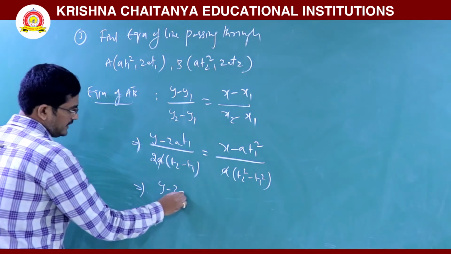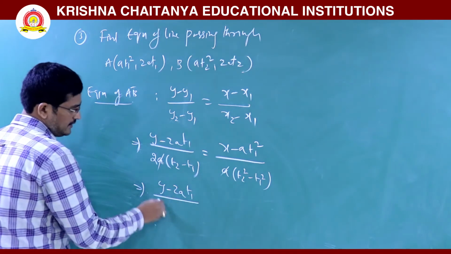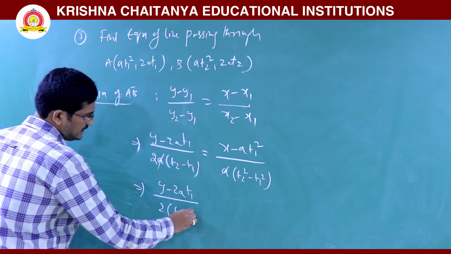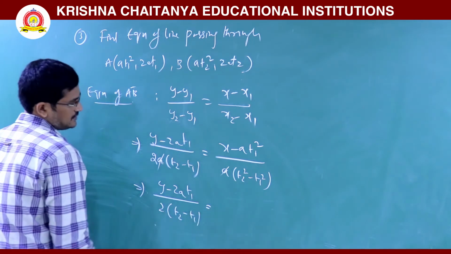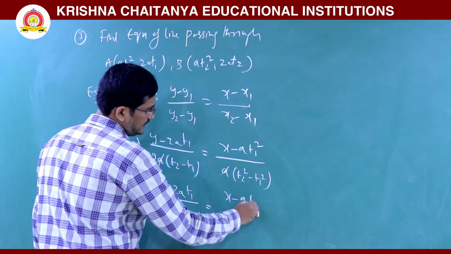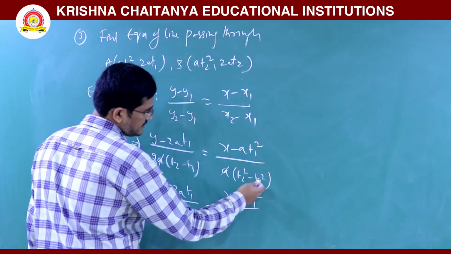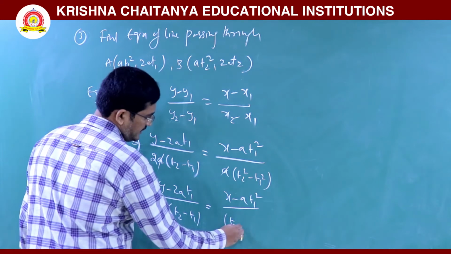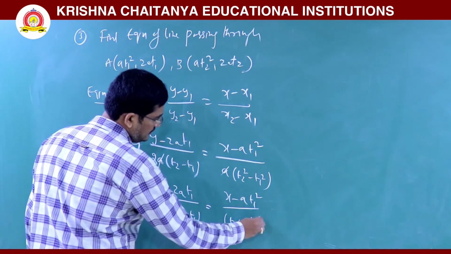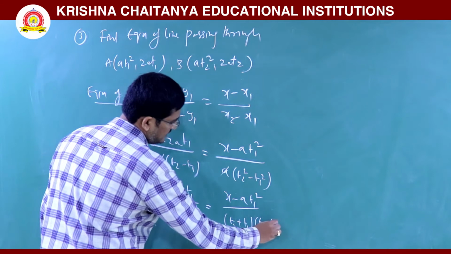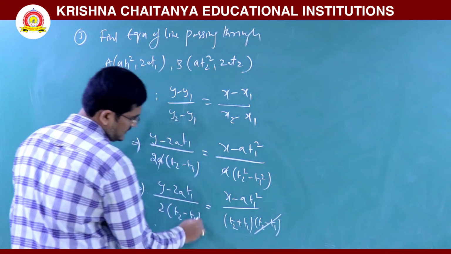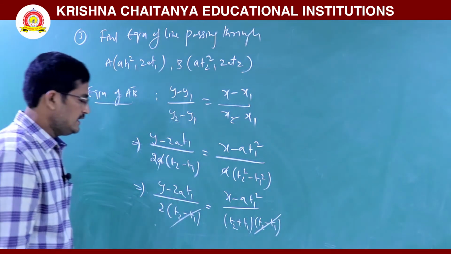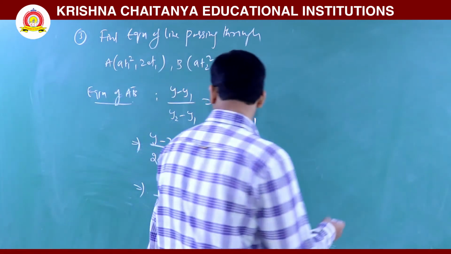(y - 2at1)/(2(t2 - t1)) = (x - at1²)/(a(t2 + t1)(t2 - t1)), using a² minus b² equals (a plus b)(a minus b). So t2 minus t1 gets cancelled. Then by cross multiplication, what is the next step?